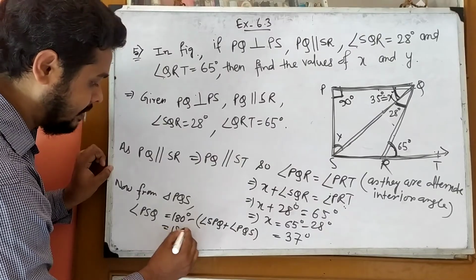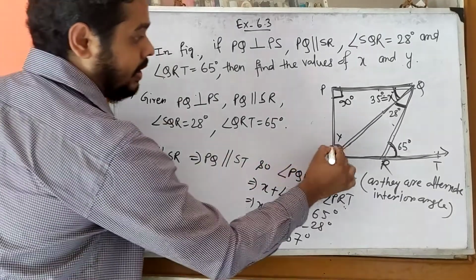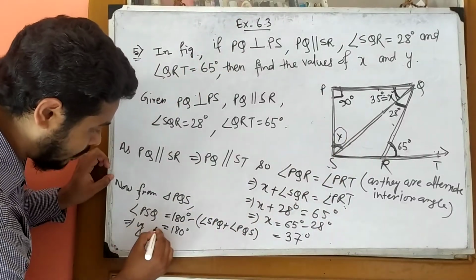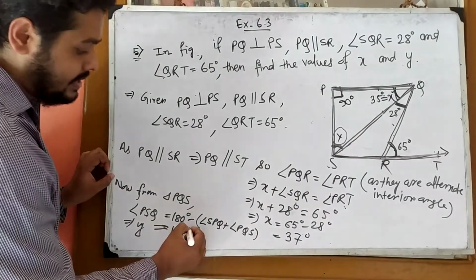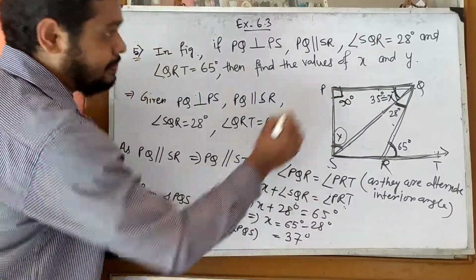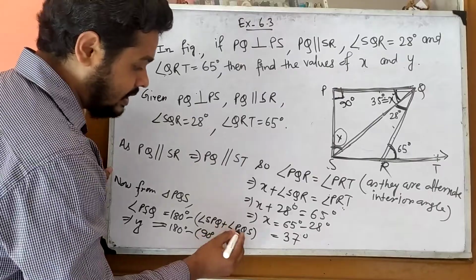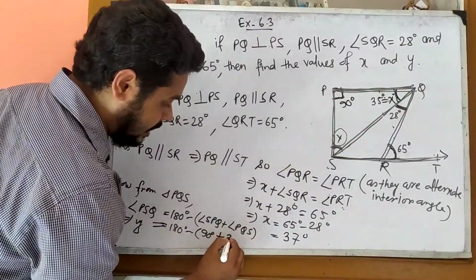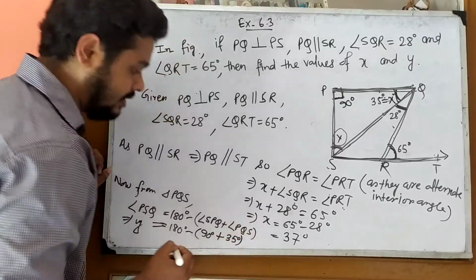Now 180 minus, PSQ is our y. Therefore y equals 180 minus SPQ, which is 90 degrees, as this is perpendicular. Perpendicular means 90 degrees. And the value of PQS, that is x, we already got as 37 degrees.